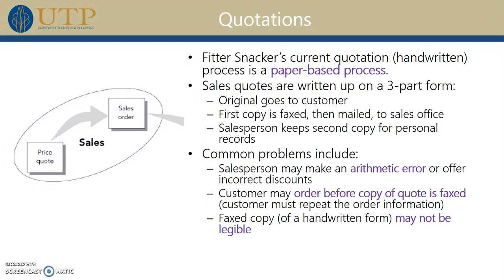The sales activities, as I mentioned, consist of price quote and also sales order. Fictitious's current quotation is mostly handwritten. It is a paper-based process. The sales quotes are written up on a three-part form. The first copy goes to the customer. The first copy is faxed, then mailed to the sales office, and the salesperson keeps the second copy for personal records.